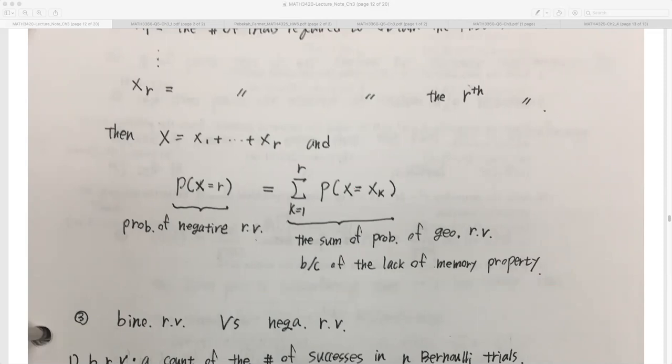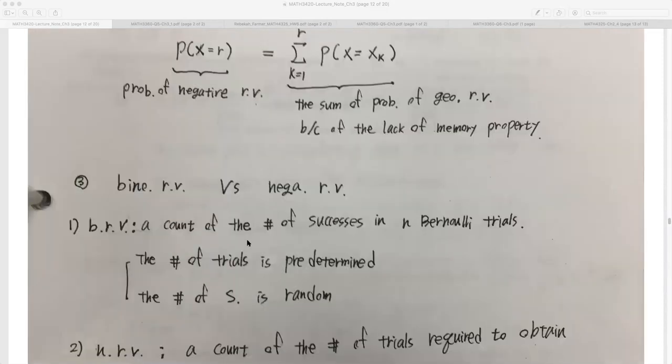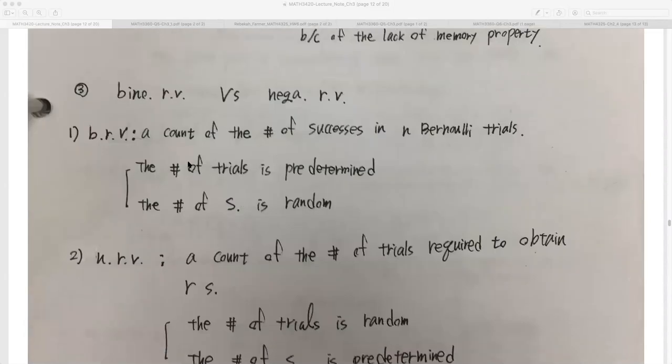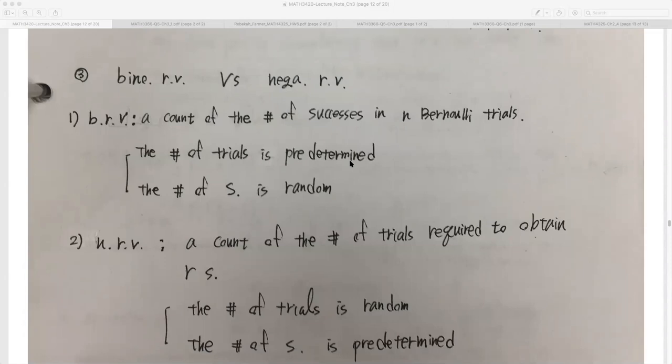Now, binomial random variable and negative binomial random variable. I told you, the binomial random variable counts the number of successes in n trials, and n is fixed. So the number of trials is predetermined, and the number of successes is random.